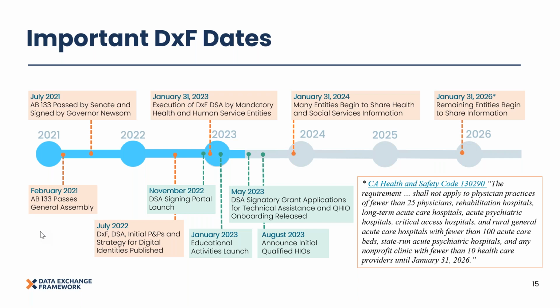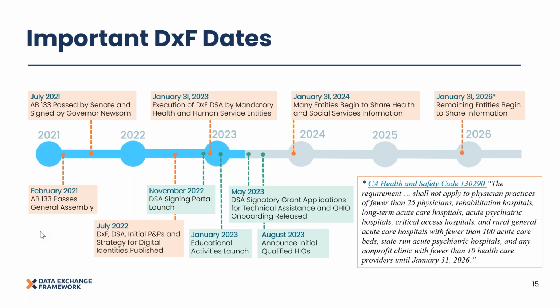And there's a number of entities that I've done in the insert box on the bottom right that have an additional 2 years to exchange. And those are physician practices of fewer than 25, rehabilitation hospitals, long-term acute care hospitals, acute psychiatric hospitals, critical access hospitals, rural general acute care hospitals with fewer than 100 acute care beds, state-run acute psychiatric hospitals, and any nonprofit clinic with fewer than 10 healthcare providers.